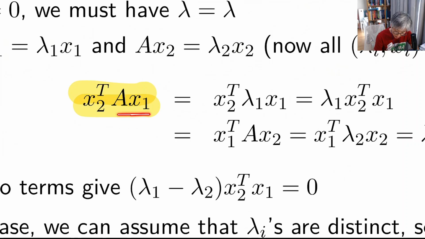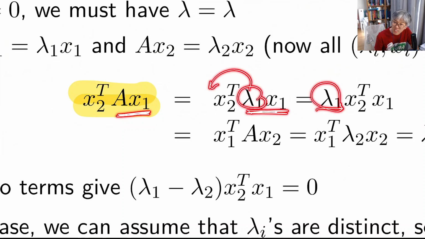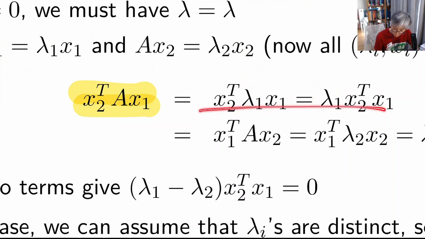And because ax1 is lambda 1 x1, and because my lambda 1 is just a scalar, I put it outside. Now, this is one way of the derivation. Now I use another way, okay? Because this is just a scalar, transpose equal to a scalar.